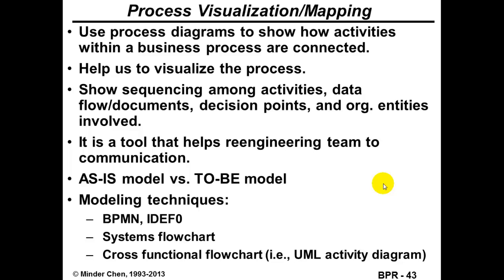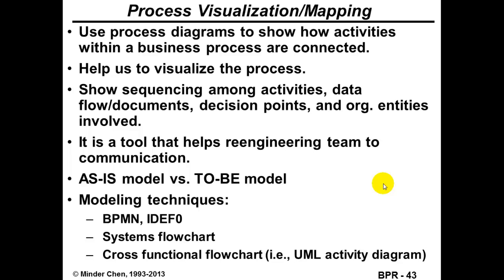Process modeling, sometimes referred to as process visualization or process mapping, is the use of process diagrams to show how activities within the business process are connected to each other. It will help us to visualize the process and come up with ideas on how we may re-engineer an existing process, and also use the process diagram to show the newly designed process.